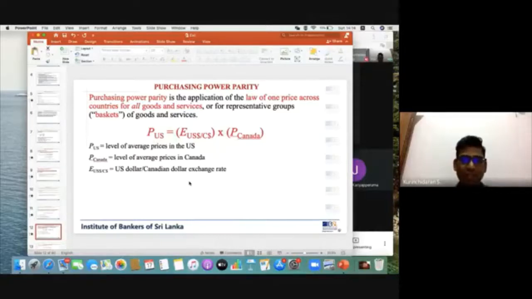I'm just giving an example. There are so many factors and there are a few indexes as well, right? So the price level is measured on one hand by the Colombo Consumer Price Index, CCPI.